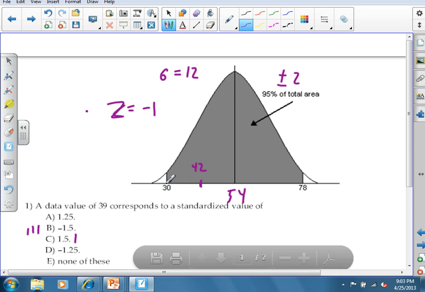And if I was at 30, that would be minus 2. All that being equal, that comes up with the realization that I'm closer to minus 1.25 than I am to minus 1.5. And I would have picked the answer delta if I was going to pick one. Okay.